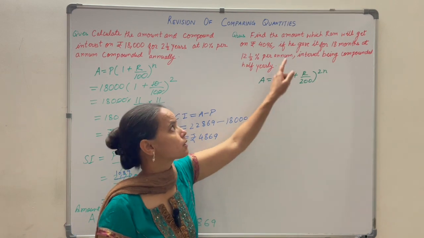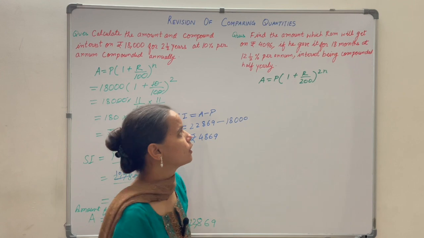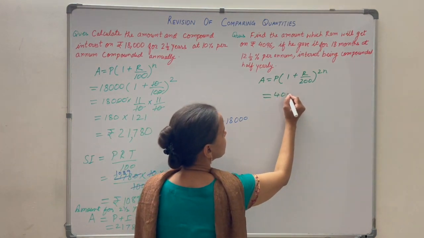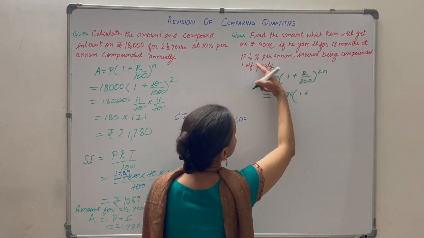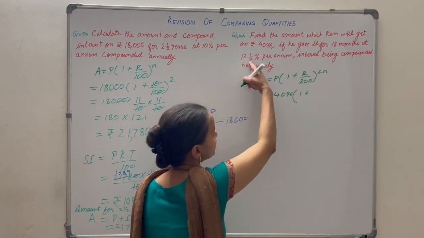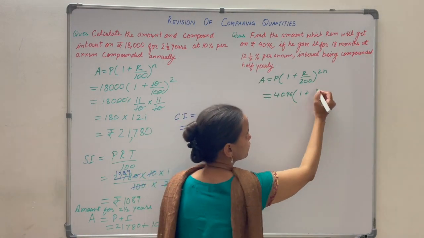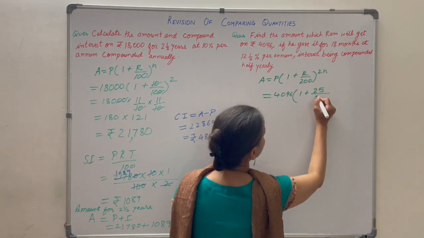So you need to just substitute the values which is given in the question as it is. So here the principal is 4,096. 1 plus rate is 12 1 by 2. So 12 into 2 is 24 plus 1 is 25. So rate is 25 upon 2.